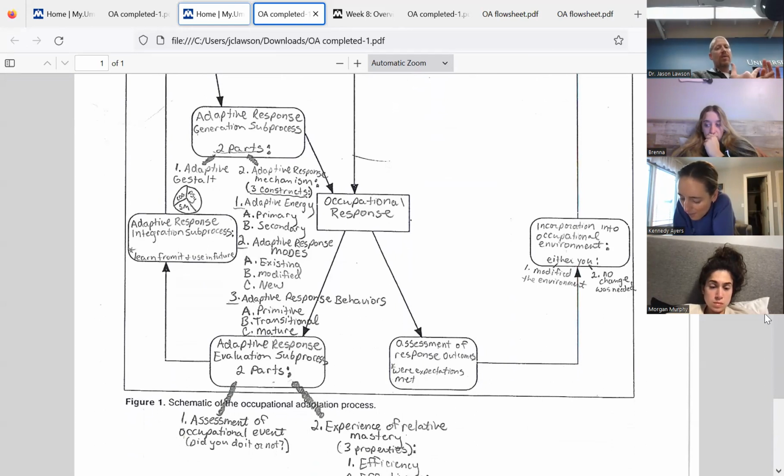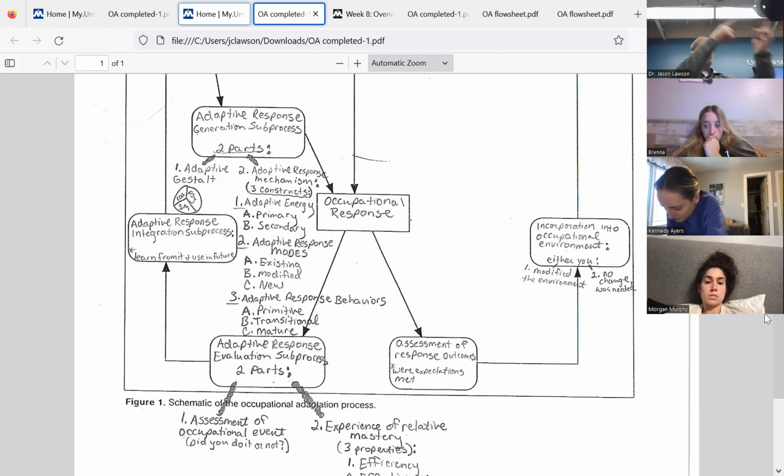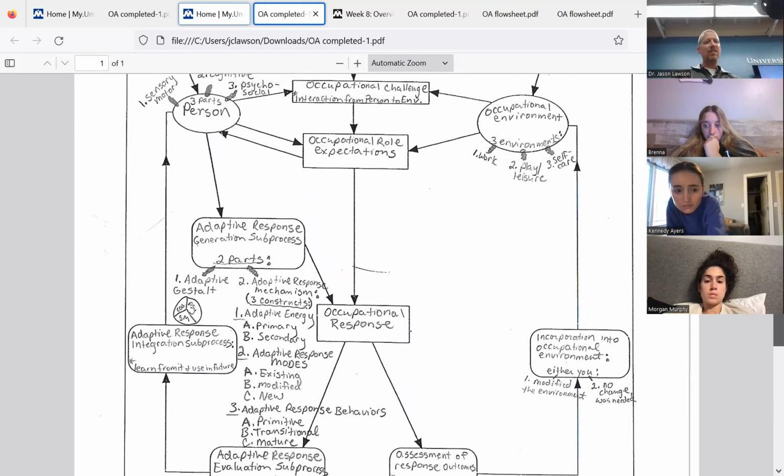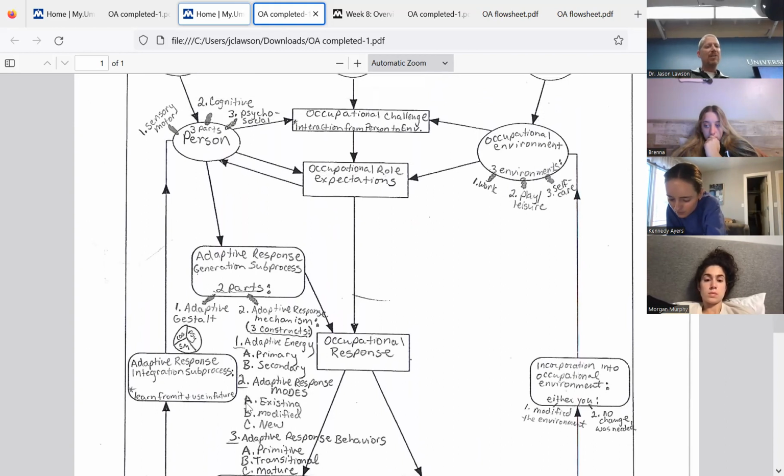If so, were they efficient, effective, and satisfied? Then, if they're not efficient or not satisfied, they go back up to the adaptive response integration subprocess to apply, what would I do differently? They're trying to integrate that into future use so they can go through the process on the left-hand side again.